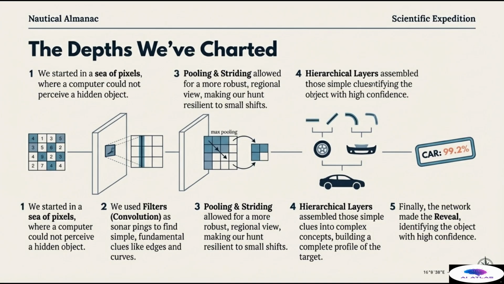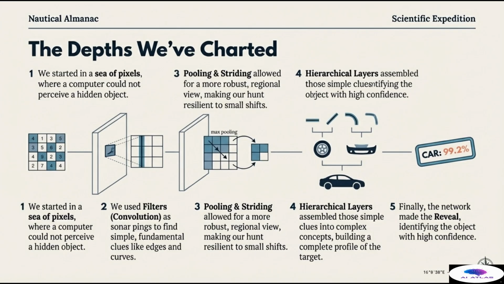3. The resilience phase, pooling and striding. Recognizing the flaw of pixel-perfect rigidity, we introduced pooling and striding. These techniques allowed for a more robust, regional view, making our detection system resilient to small shifts in position while simultaneously downsampling the data for efficiency. 4. The abstraction phase, hierarchical layers. Multiple layers of convolution are stacked.